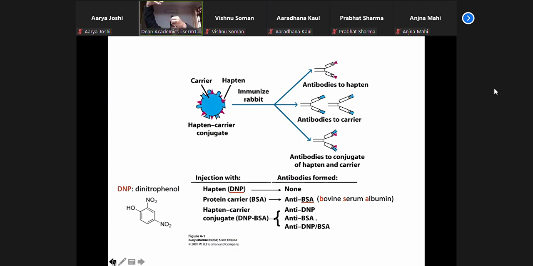Now, if you come up with this hapten, this hapten has to bind to it, and then it will induce activation of these cells, and then antibody will start forming. Okay. Now, what I'm trying to say here is hapten alone is not immunogenic. It's not able to induce immune reactivity on its own.